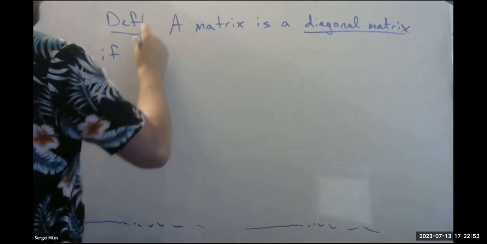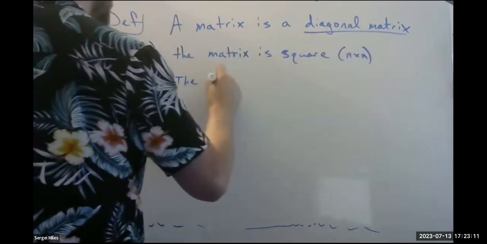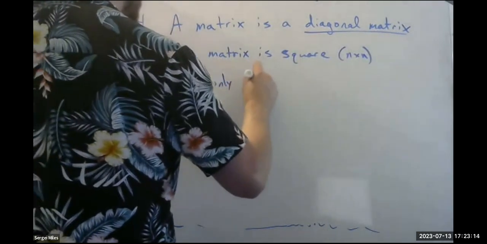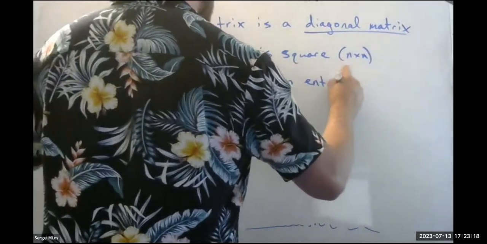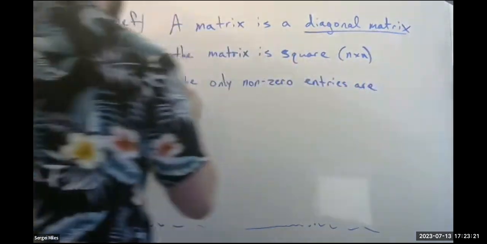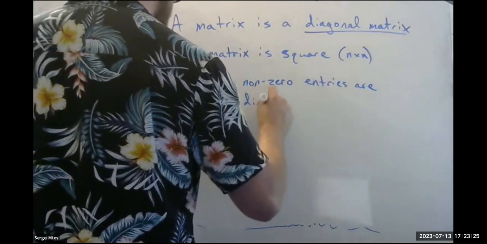One, the matrix is square, right? Two, the only non-zero entries are on the diagonal, right?